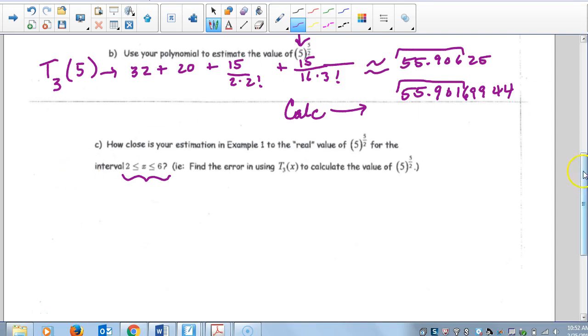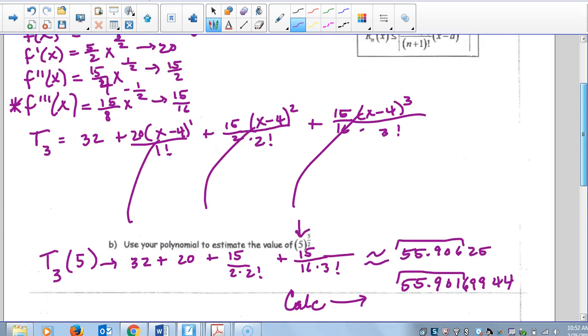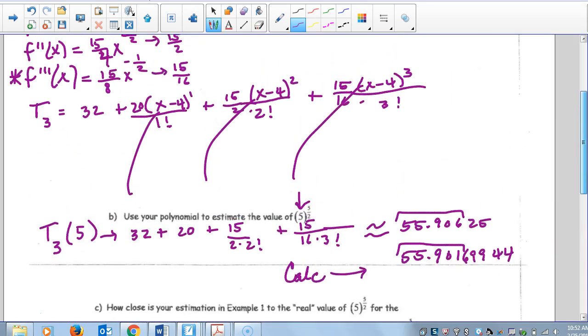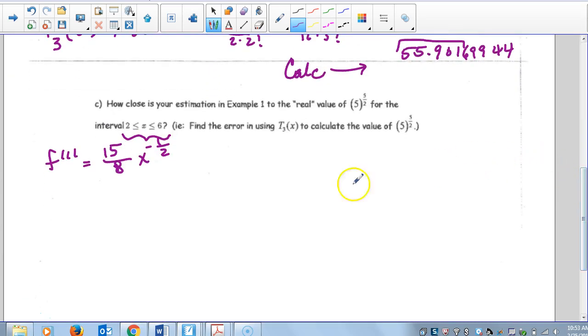So remember, up here, my third derivative was 15 over 8 x to the negative 1/2. So f triple prime was 15 over 8 x to the negative 1/2. And I just want to run back up and make sure I wrote that correctly. Otherwise, we're going to be misfiring. Okay, that's looking good.